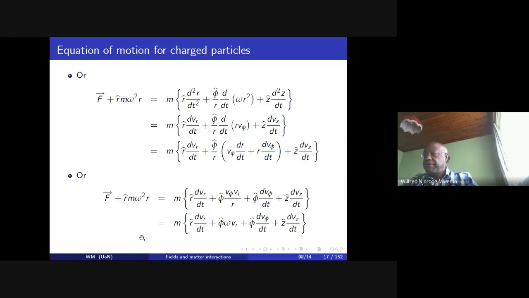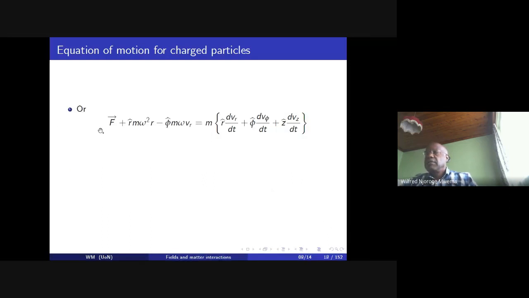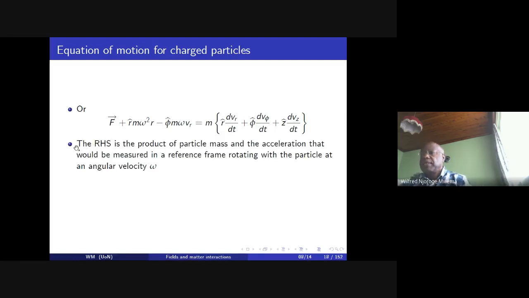So F is going to be given by that equation, or in other words, we can always write it as F plus that, minus an azimuthal component there multiplied by the velocity in the radial direction, will be given by those derivatives. So what we note is that the right hand side, that is the product of the particle mass and the acceleration that would be measured in a reference frame rotating with the particle at an angular velocity omega.